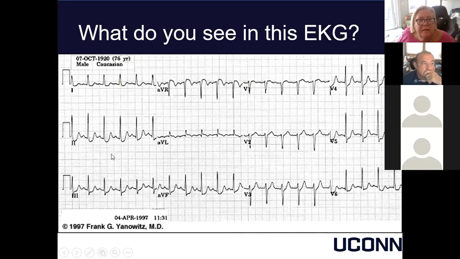This one again, in this case, and this is why it's important to develop a system to analyze an EKG, because your eyes start darting to many different things, and you're going to have to ultimately answer a lot of different questions.